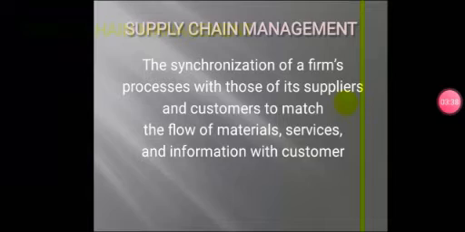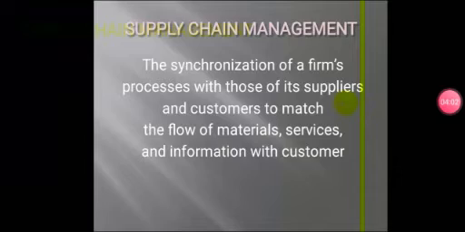Supply chain management. Supply chain management is the synchronization of a firm's processes with those of its suppliers and customers to match the flow of materials, services, and information with customer demand.